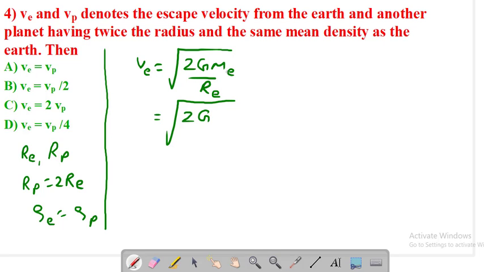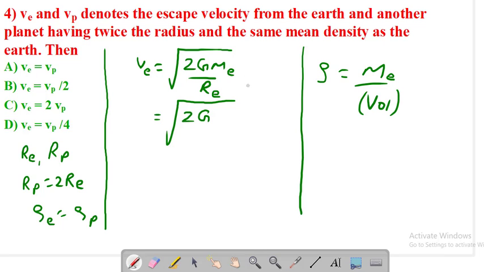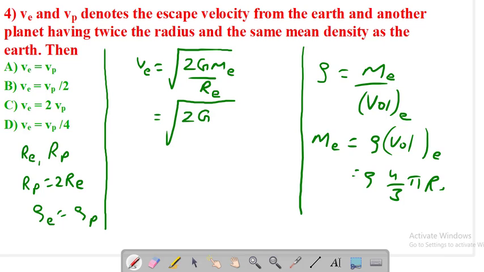Now we need to express mass in terms of radius. So density is mass upon volume, so this is Me upon vol. I am writing vol because the V symbol is already used here, so we would be confused. So mass Me is equal to rho into volume, and volume is 4 by 3 pi Re cube.